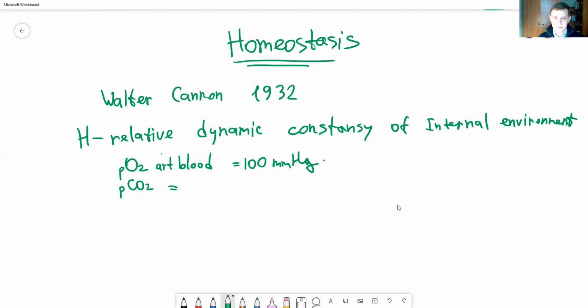For carbon dioxide, it is around 40 mm of mercury. And our physiological functions and reactions want to maintain this optimal level because it is needed for optimal supplying with oxygen and excretion of the carbon dioxide. For maintaining all these values, we need to make an optimum function of the respiratory system.